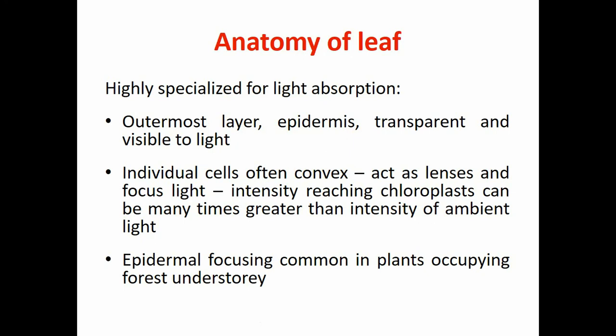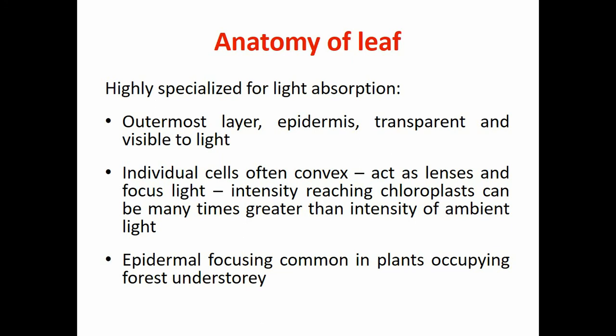the anatomy of the leaf, which we've discussed, is highly specialized for light absorption because its primary job is photosynthesis, and photosynthesis requires light. Therefore, the leaf must be able to absorb light. It must also be able to capture enough light because not everywhere is homogeneous.